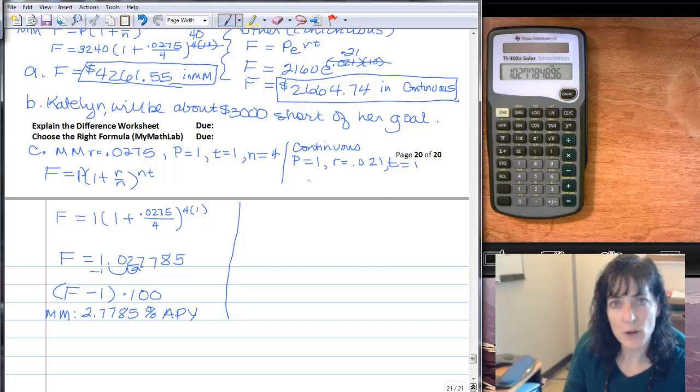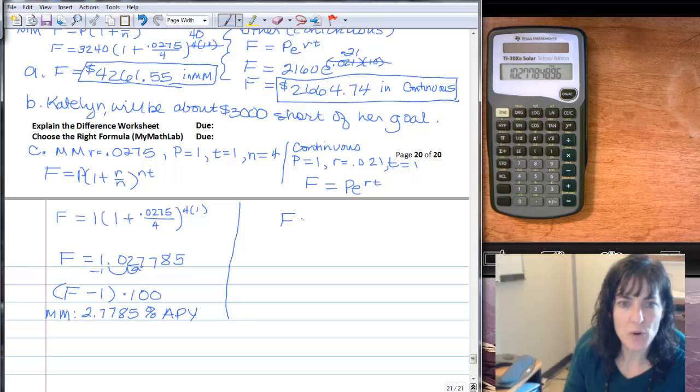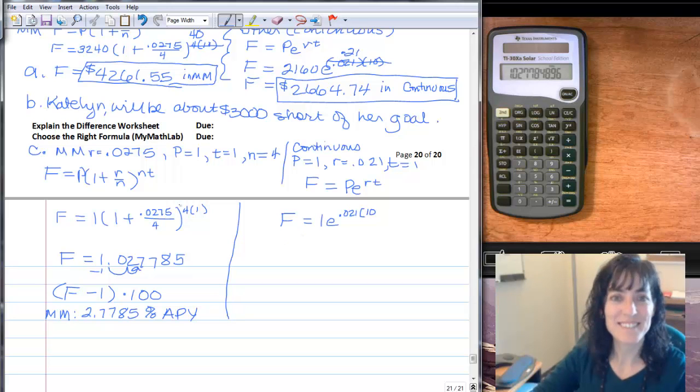The formula here for continuous compounding is still F equals P times E raised to the RT. And remember to plug in those values we just wrote out. So P is going to be a 1 times E to the R, which is 0.021, and T, which is just a 1.